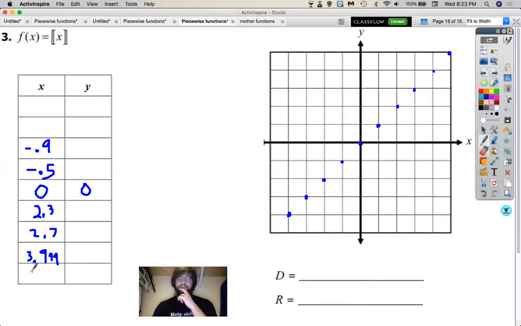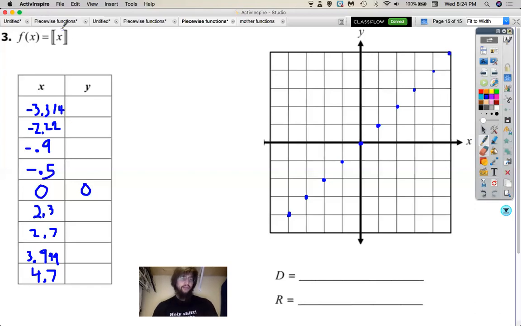And go to 5, right? So how about 4.7. And then -2.22, -3.314, random numbers, just putting them out there.